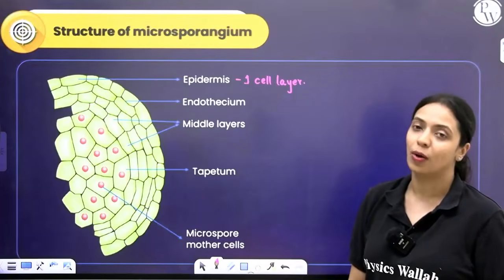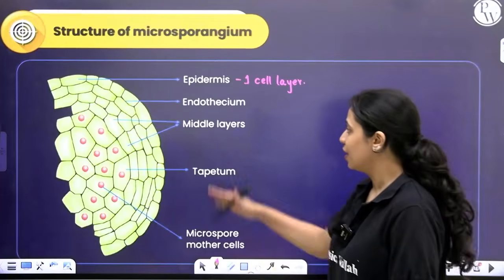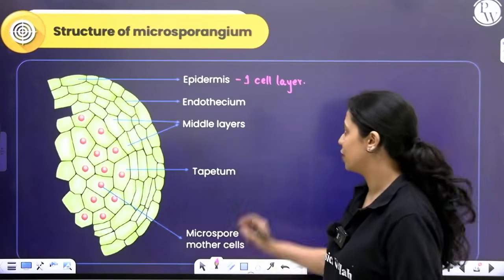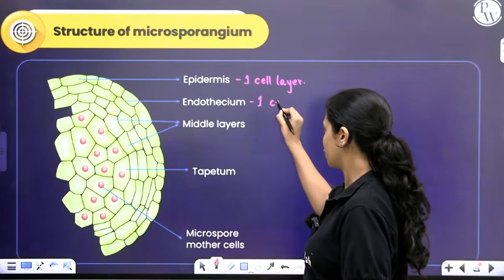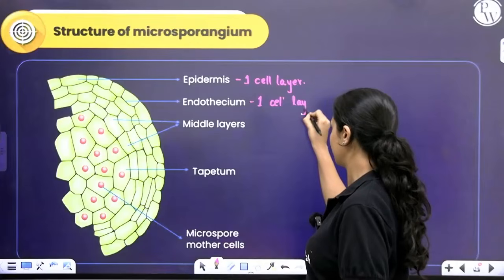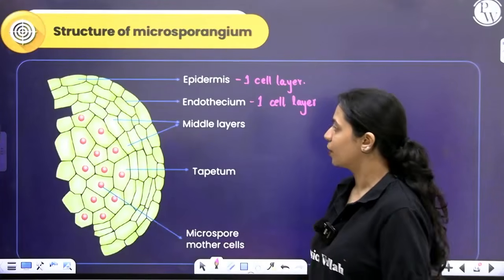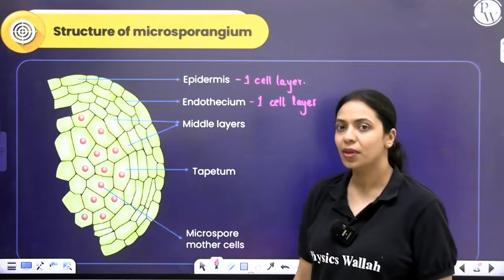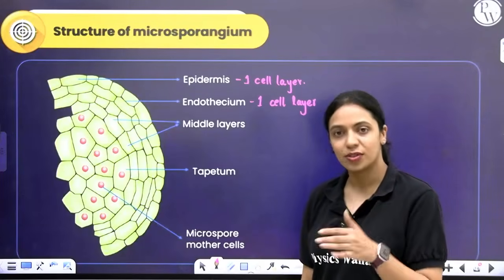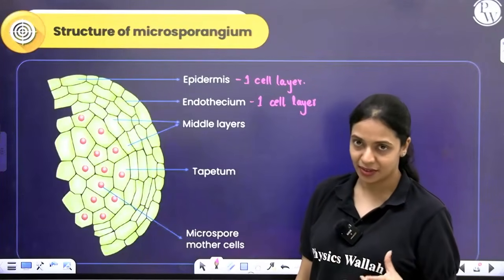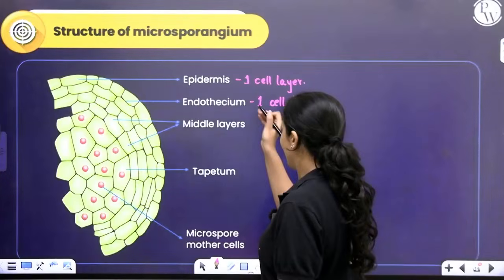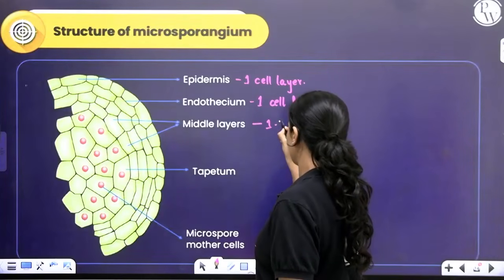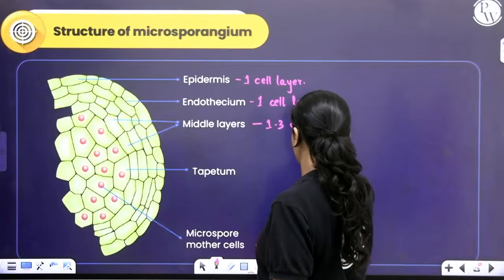It's kind of like a compact layer. It offers protection. Secondly, we have something called the endothecium. The endothecium also is just 1 cell layer in thickness, and this also offers protection when the anther is young. Inside that we have the middle layers, which are 1 to 3 cell layers in thickness.